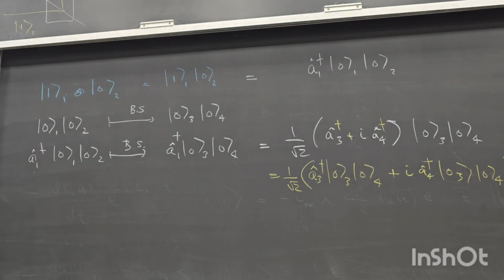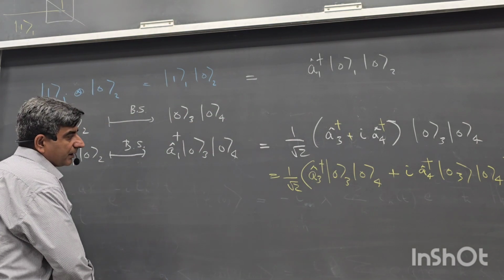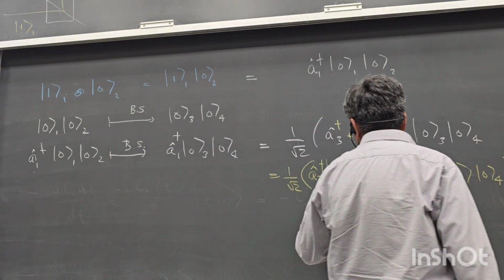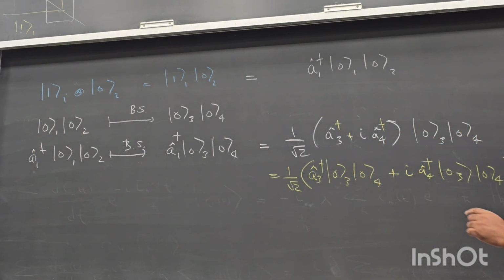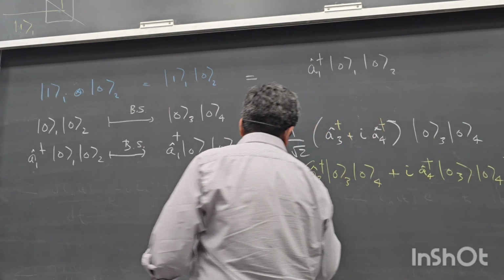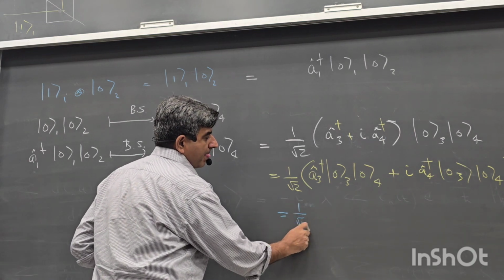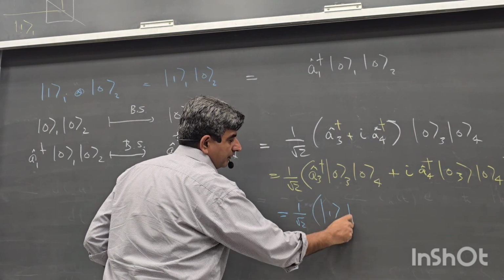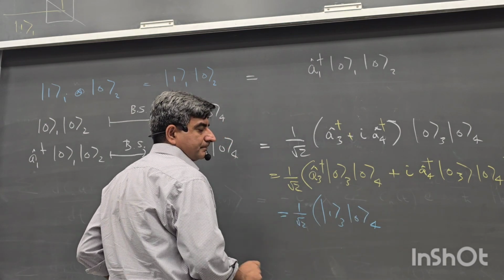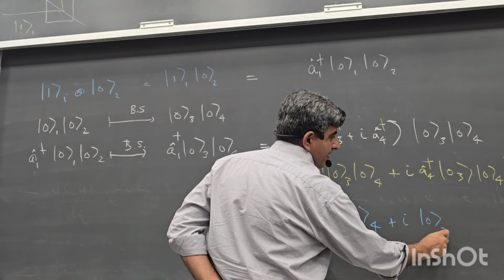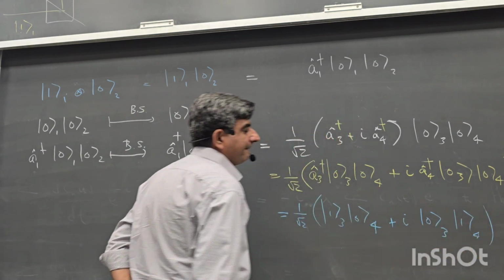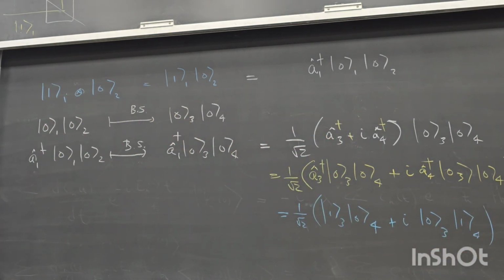Okay? So A3 dagger exclusively acts on its own Hilbert space, and A4 dagger exclusively acts on its own Hilbert space. So I'll get 1 over root 2, ket 1 0 plus iota ket 0 1. This is my output quantum state emerging from the beam splitter.